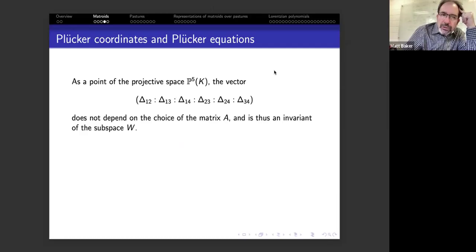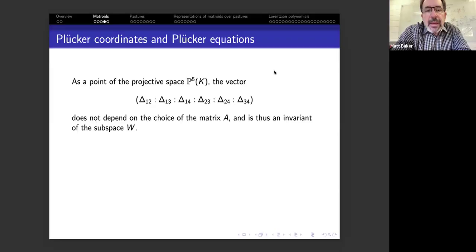And what you want to do is look at the Plücker coordinates, as they're called, these delta ij's, as defining a point of projective space, right? Because if you do that, then it turns out that this Plücker vector in P5 doesn't depend on the choice of the matrix A. It's an invariant of the original subspace.